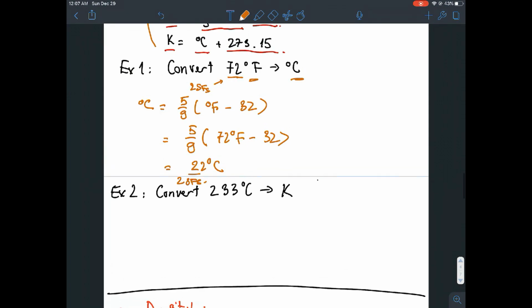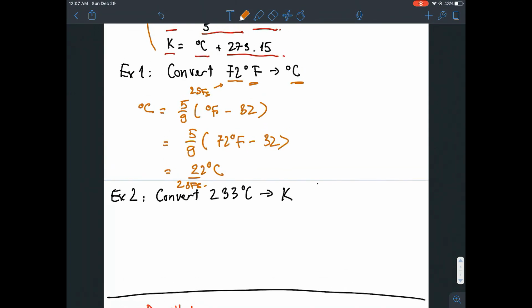We come to the second example. We convert 233 degrees Celsius to Kelvin. We have the Kelvin here is equal to degrees Celsius plus 273.15.